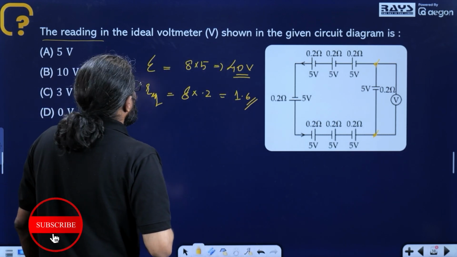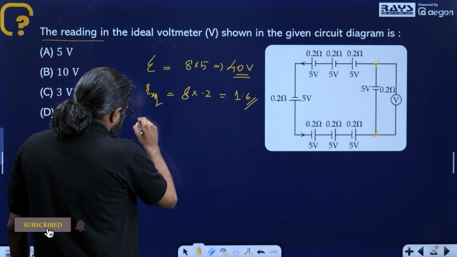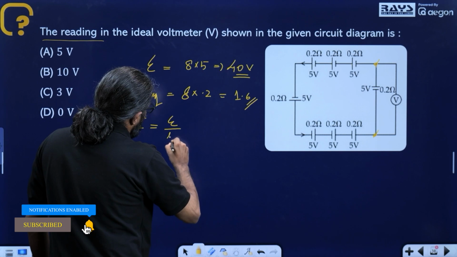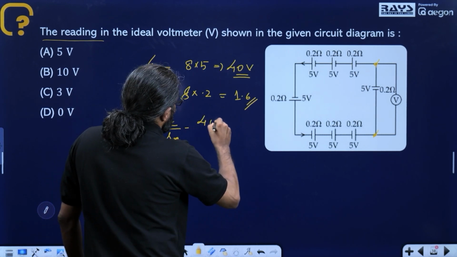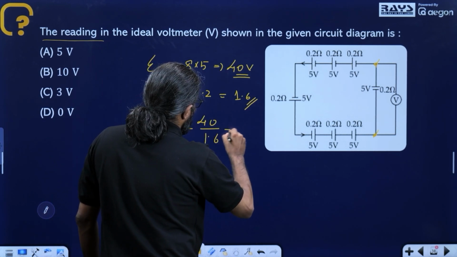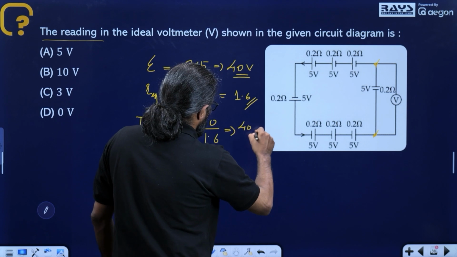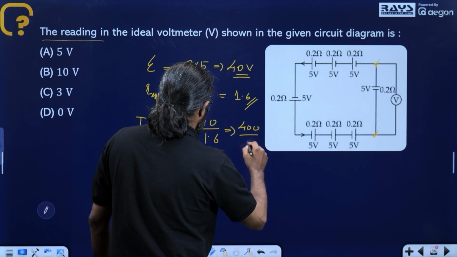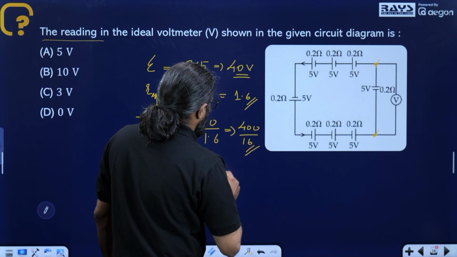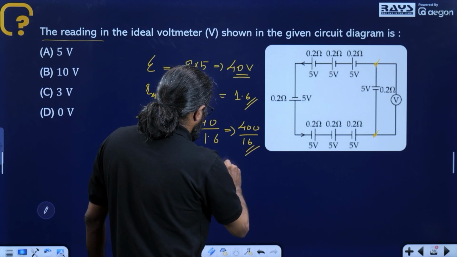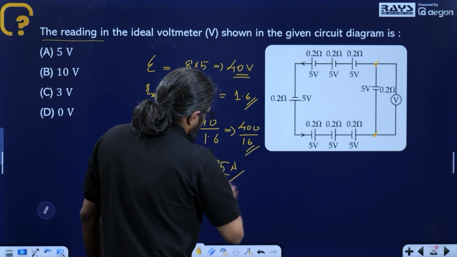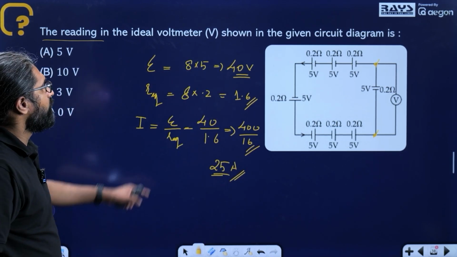All right. So, the current in the circuit I will be equal to E by R equivalent, that is 40 divided by 1.6, that will be 400 divided by 16, that will be 100 by 4, that is 25 ampere current will flow through the circuit.